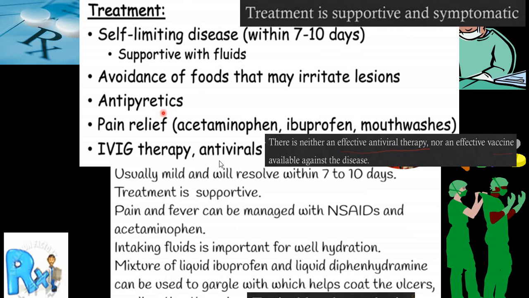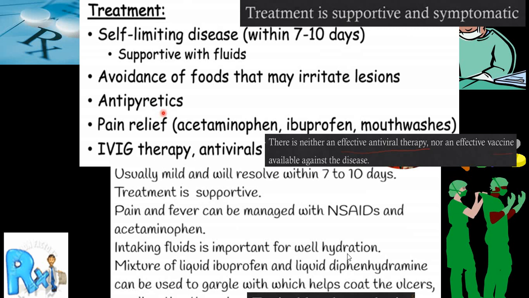Antiviral drugs are usually not effective, but in a complicated patient, an antiviral drug can be tried. So there is neither an effective antiviral drug nor an effective vaccine available against this disease. Because it resolves within 7 to 10 days, the simple treatment is supportive, in the form of antipyretics, analgesics, lots of fluid intake.